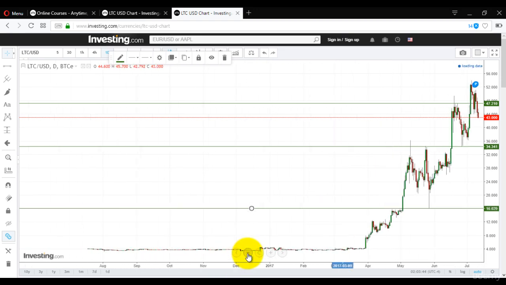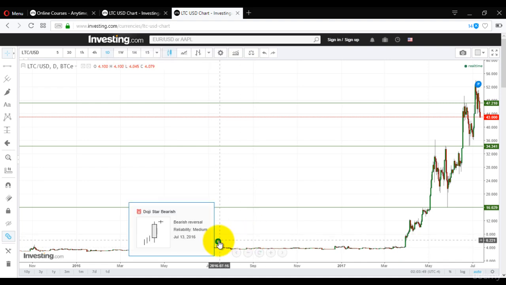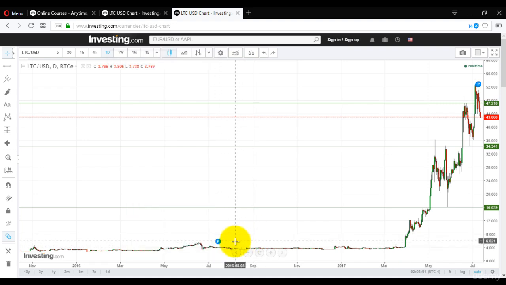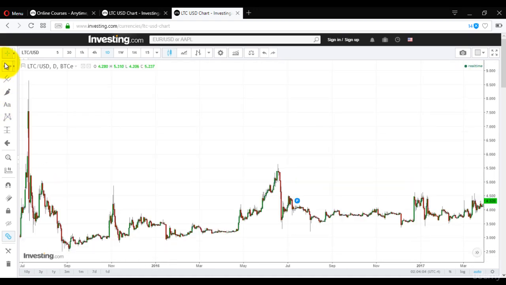Now let me show you something from the history level. Example here. I am making the trend line, that is a horizontal line, right on this top. See?